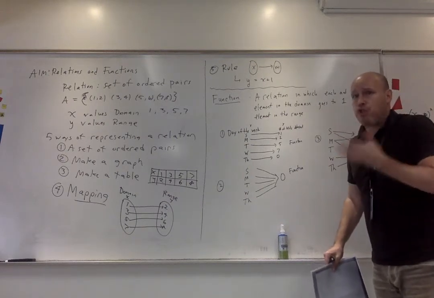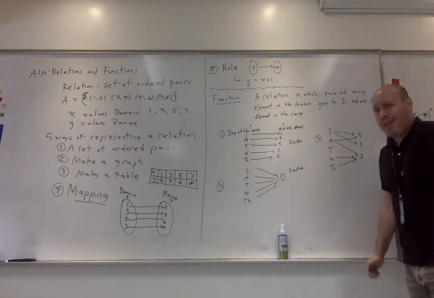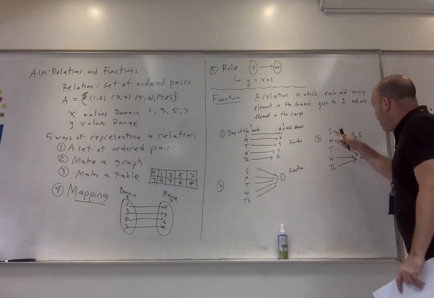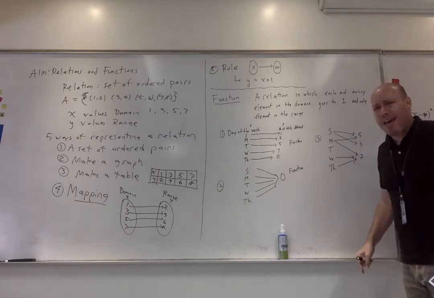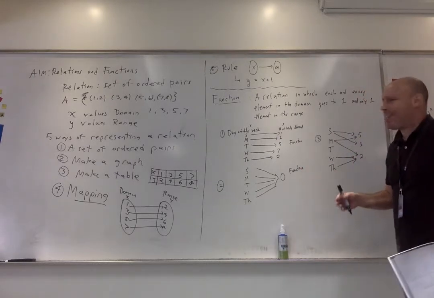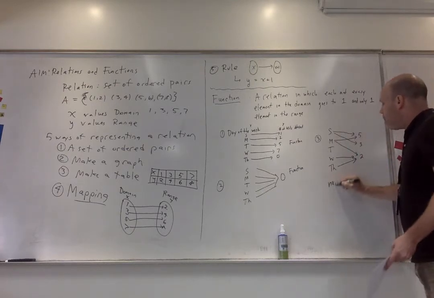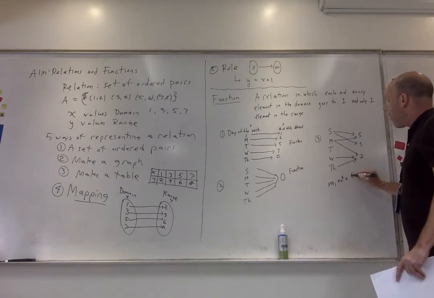This is the information she got back. And so, is this a function? And the answer is no, because she has 2 pieces of data for Sunday. How is it possible that Sunday there's 5 kids absent and 3 kids absent? And so you can visually see this. So it's like, no, not a function.